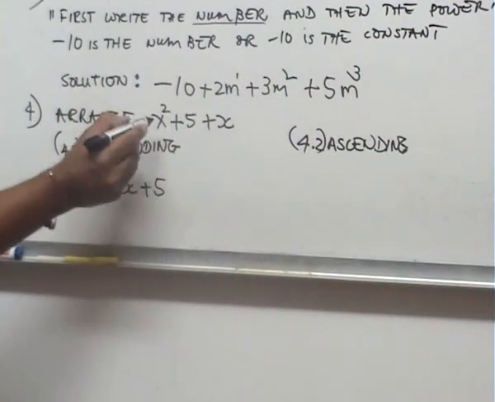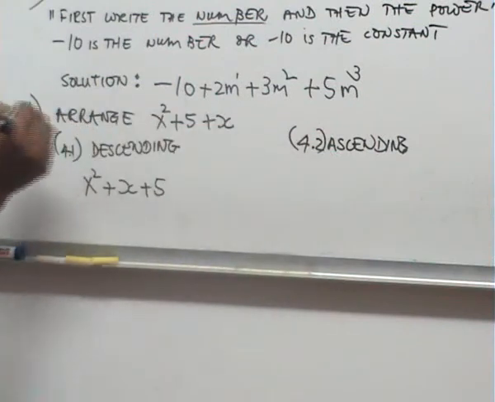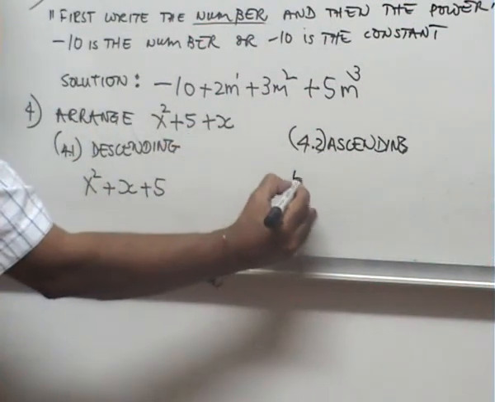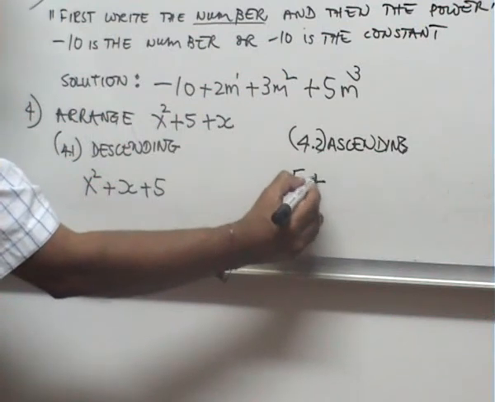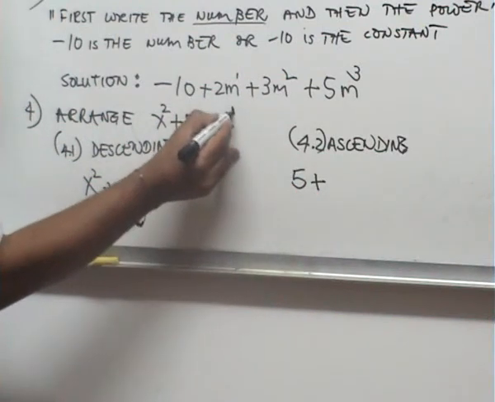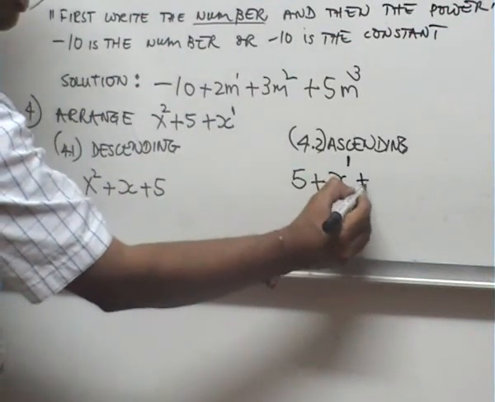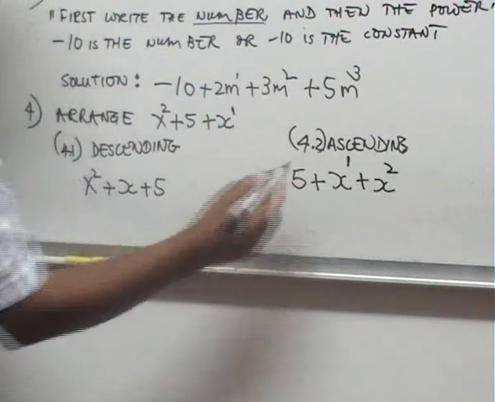Now I can take the same one and write it in ascending order. So ascending order means I must start with the number. So the number will be 5. Then I'll follow by the lowest index, which is x to the 1, and then I will move up. Alright?